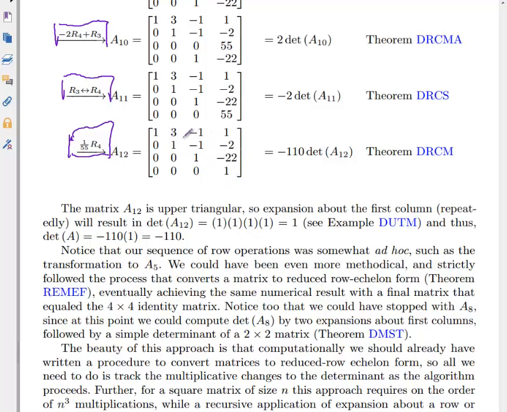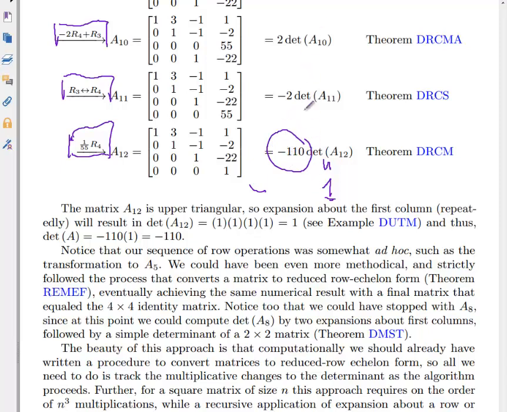But the point is that this is now upper triangular. And we saw already that the determinant of an upper triangular matrix is the product of the diagonal entries. So the determinant of A12 is 1. So to get back to the original determinant, I'd have to multiply by minus 110.